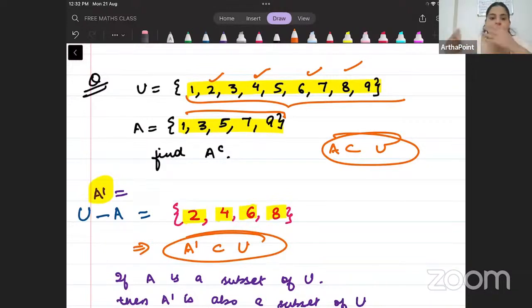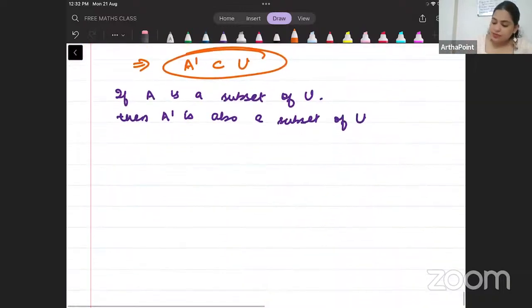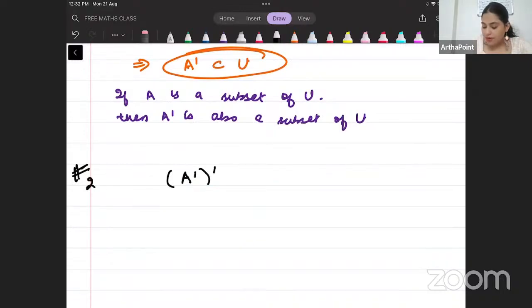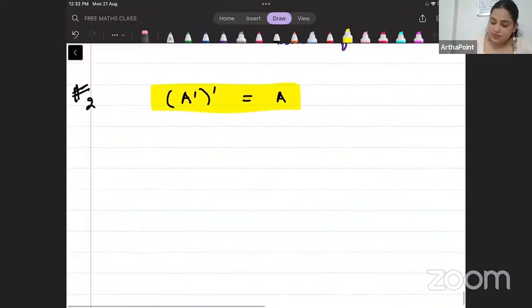Is this clear? Now, second property. Property number 2. Beta, the complement of A complement is A. When you find the complement of A complement, it will be A. Let us try this example.